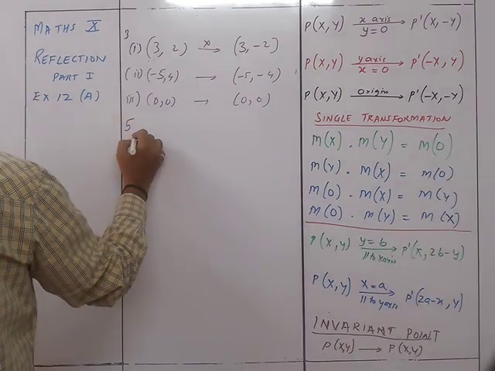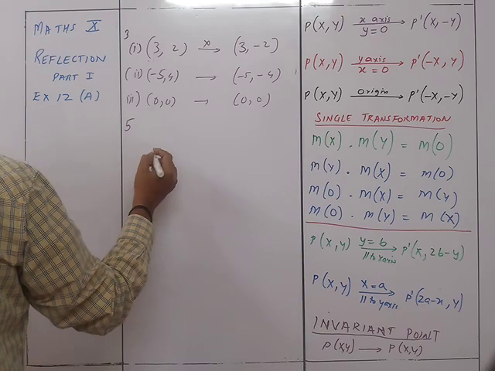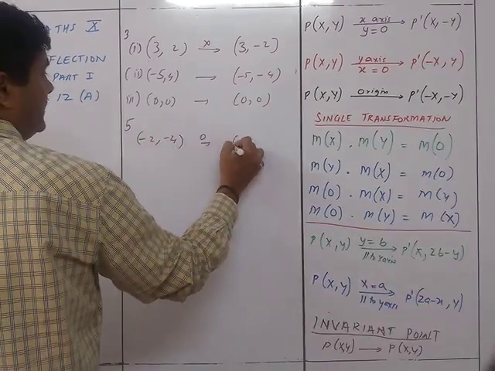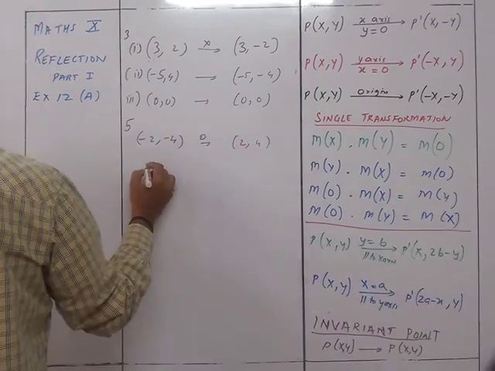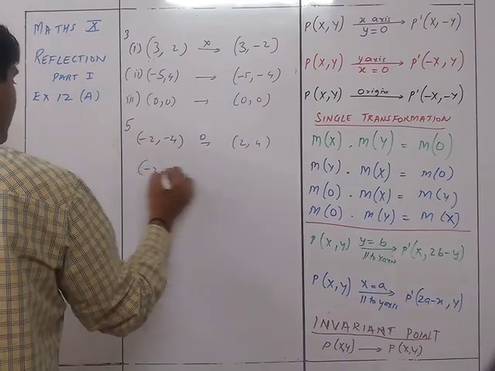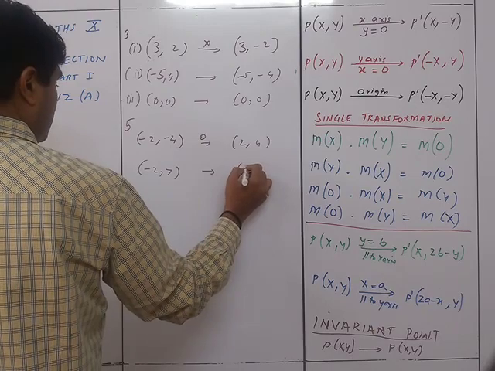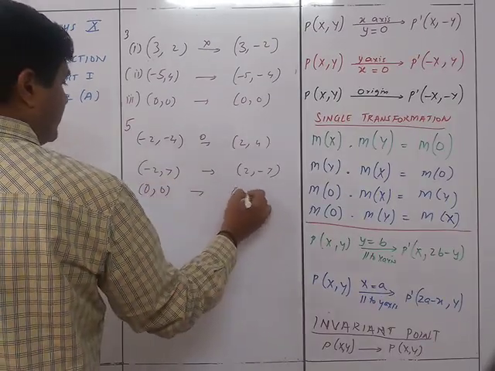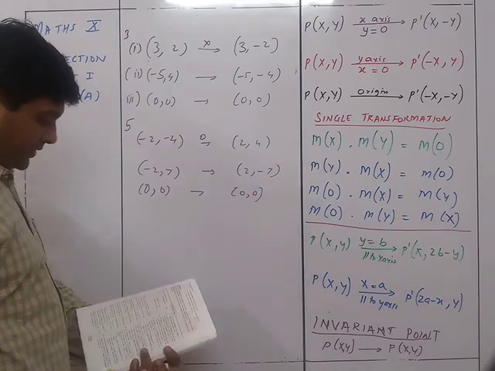Fifth one, reflection in the origin: (-2, -4) becomes (2, 4). (-2, 7) will become (2, -7), and the origin will remain the origin itself because it is invariant.